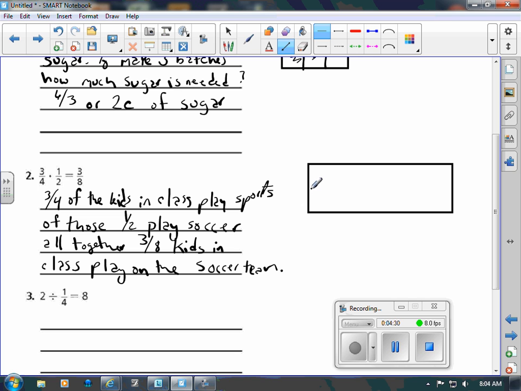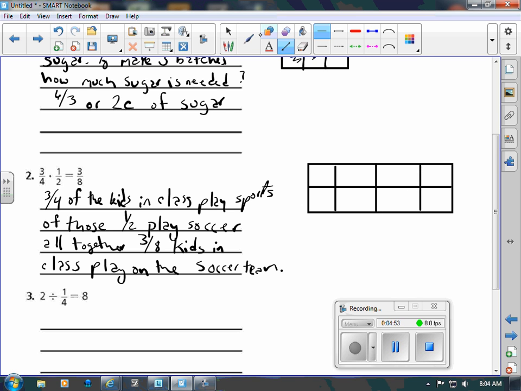I'm going to cut this in half first, right? And then I'm going to take that half and I'm going to cut that into eighths. I'm going to have to do a little adjusting.